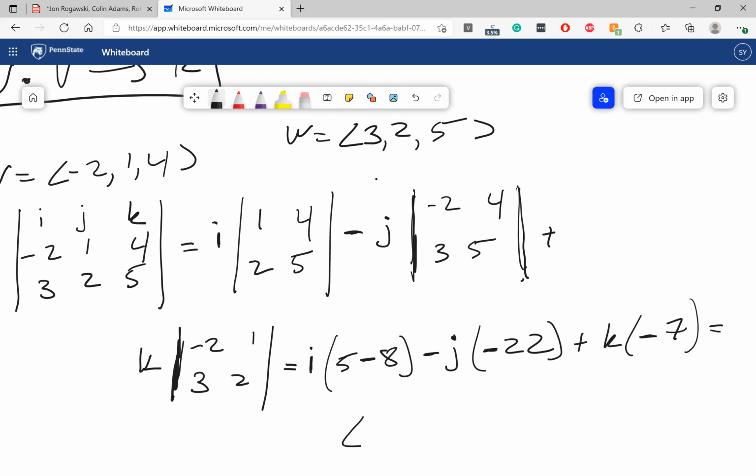So this is going to be negative 3, 22, and negative 7.